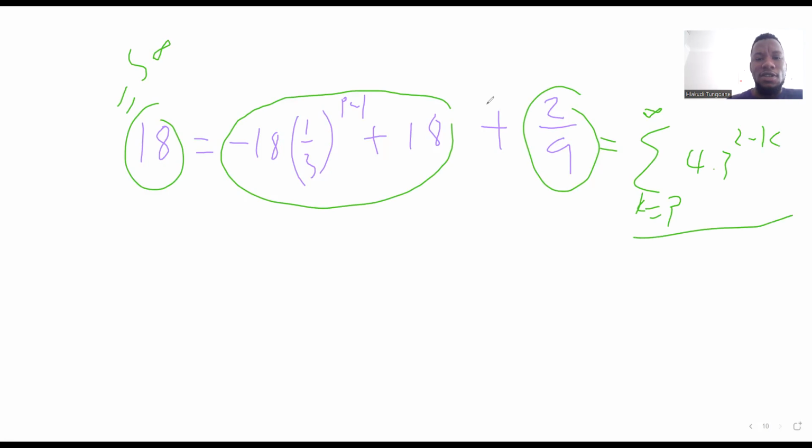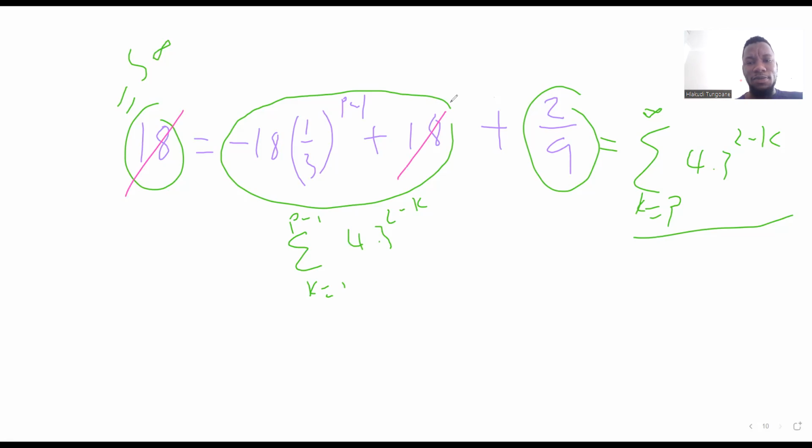And then this is the middle term, which is the sum from k equals 1 to p minus 1 of 4 times 3 to the 2 minus k. So essentially we split S infinity into those two parts, right? So now we need to solve for p.